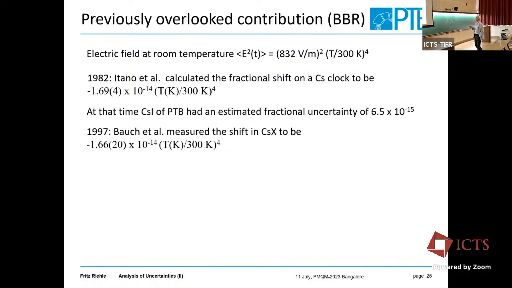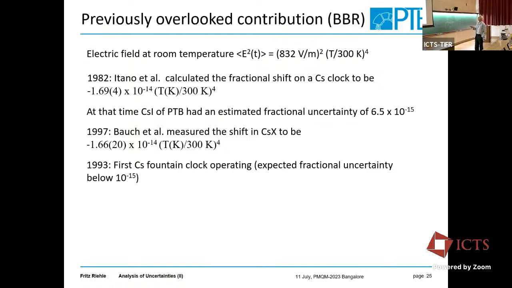PTB measured this in an experimental cesium clock, CS1X, to be 1.66 times 10 to the minus 14. So it was clear there is this shift. Then in 1993, the first cesium fountain clocks were already operating with expected fractional uncertainty below 10 to the minus 15.